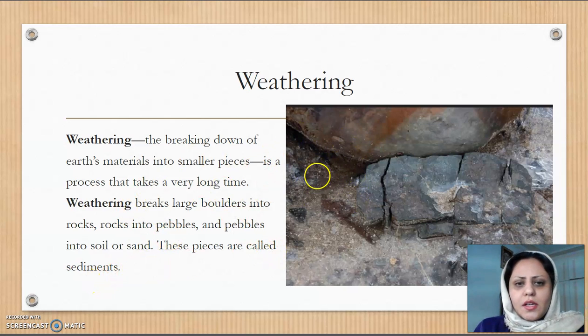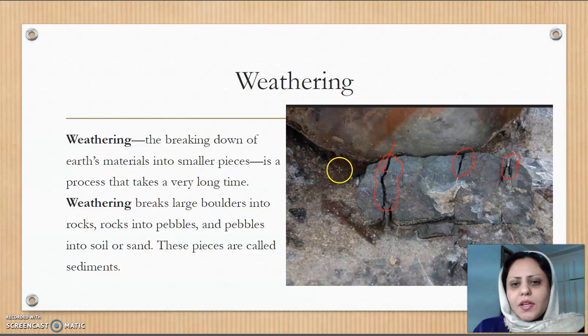So let's look at this picture. It shows a piece of stone and you can see some cracks in here. Can you see the cracks? So how can water break this piece of rock into pieces? First, when it rains, for example, water goes into these cracks, and it's liquid.